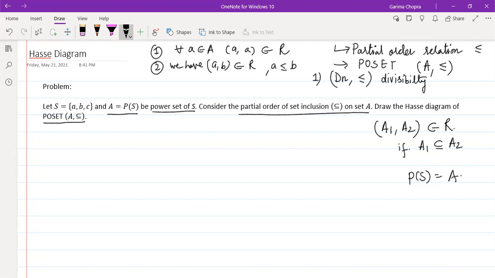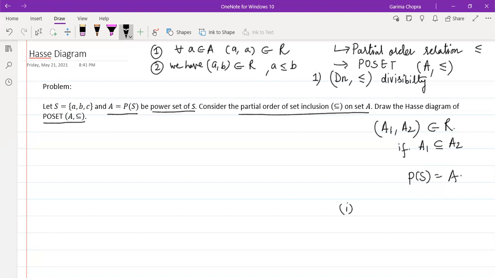Very easily we can verify that this set inclusion relation is a partial order relation. If I give you a hint, for partial order relation, we need to verify that it is reflexive, antisymmetric, and transitive.